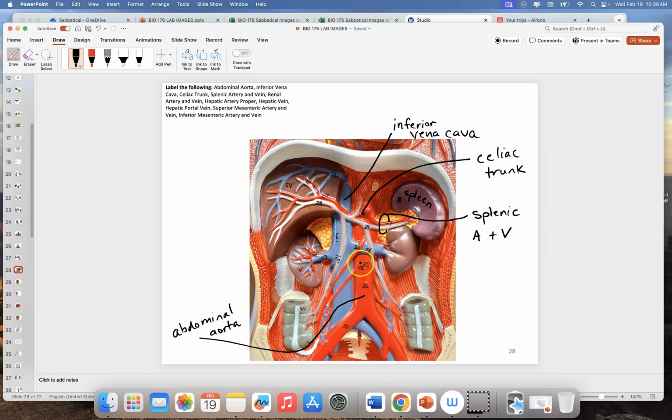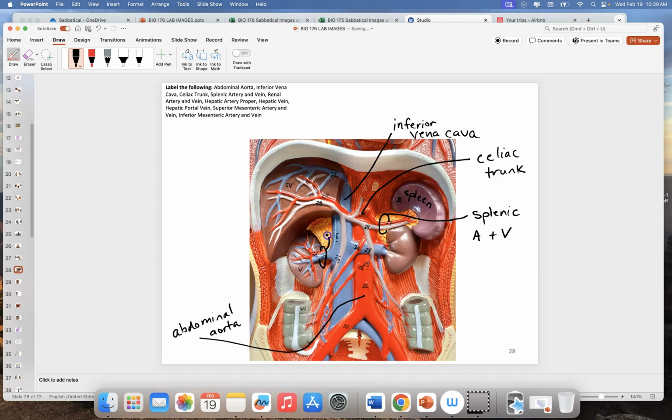We also can see the kidneys here. And if we take a look, we can see the vessels associated with the kidneys. I'm going to do the same thing. I'm going to kind of encircle these vessels here.